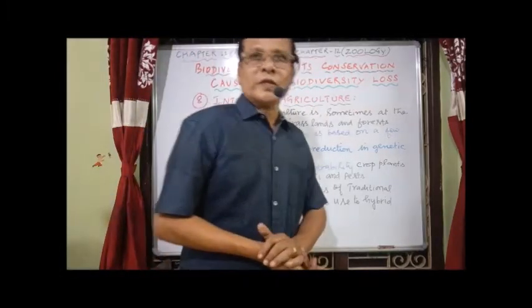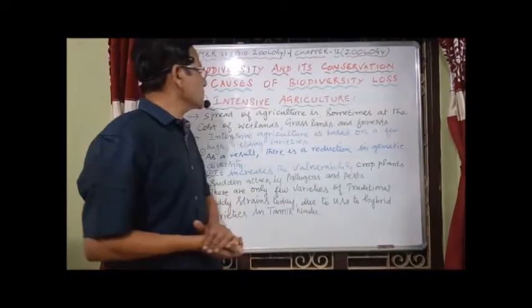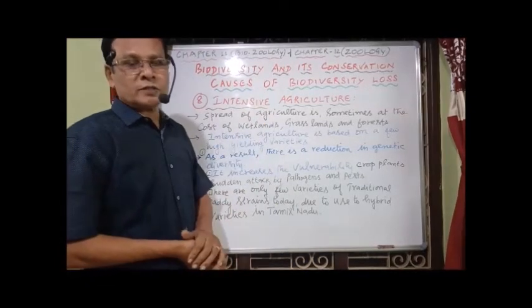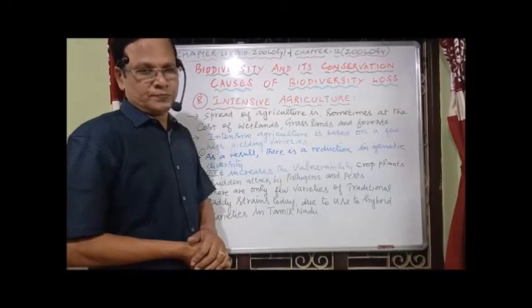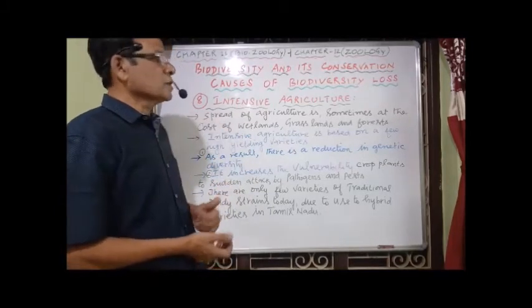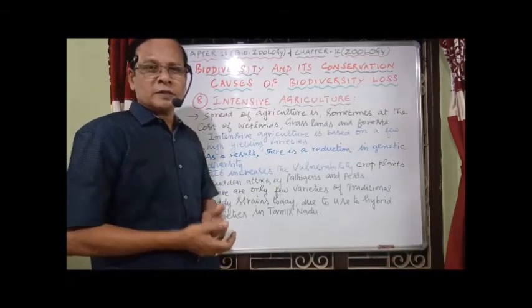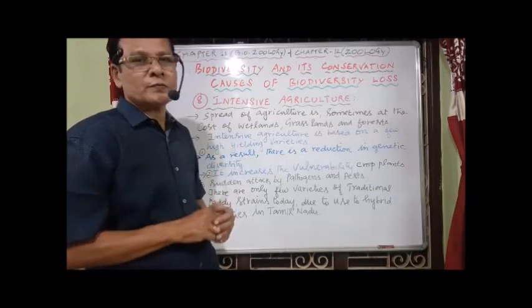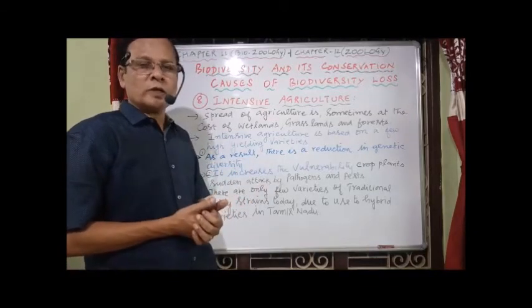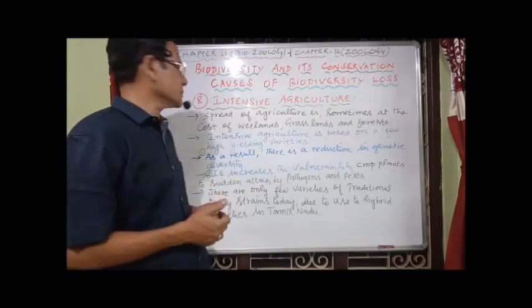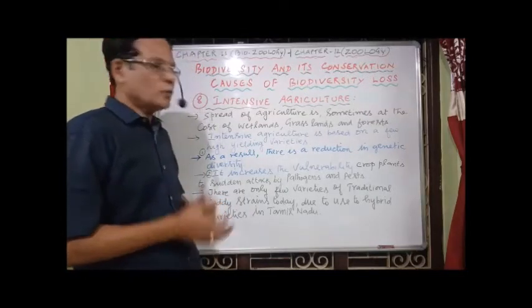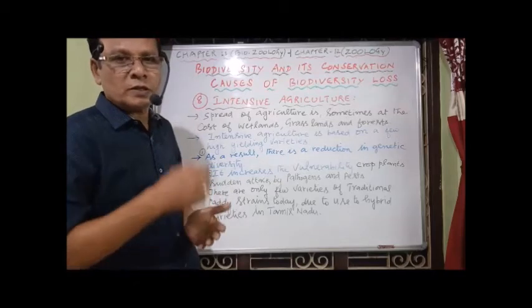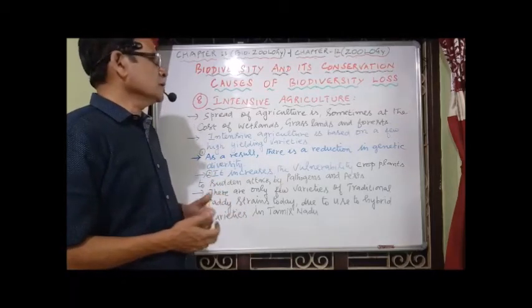The last factor responsible for the loss of biodiversity is intensive agriculture. Spreading agriculture is sometimes at the cost of wetlands, forests and grasslands, and as a result biodiversity is affected.